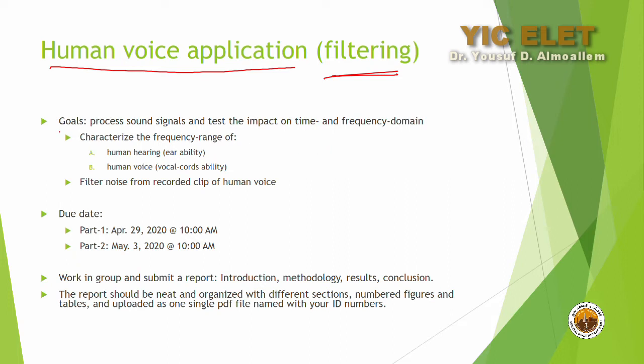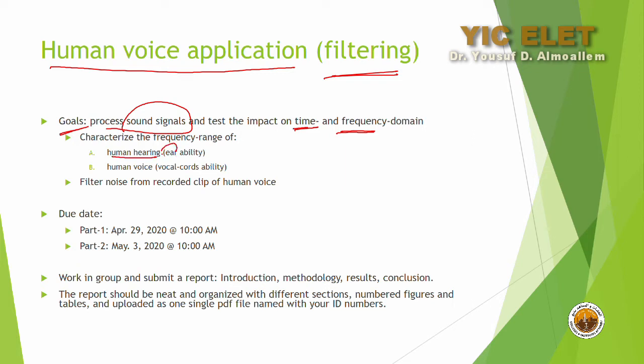So the goal of this project is to process a sound signal, so there is a signal of sound, and to see the impact in the time and frequency domain. So here we are characterizing the frequency range of human hearing.